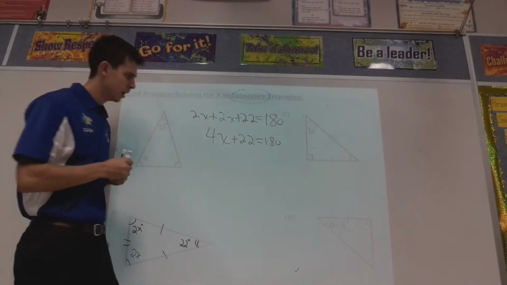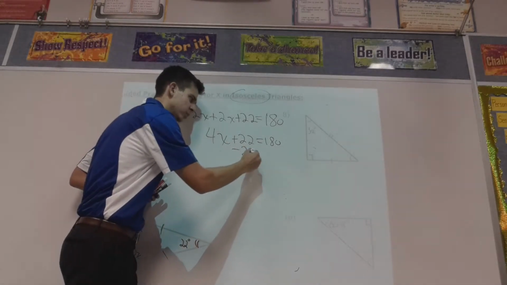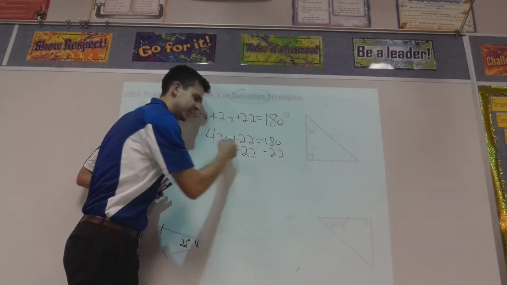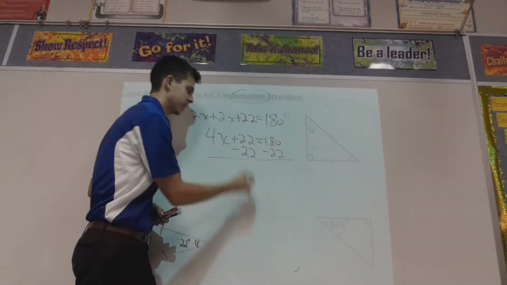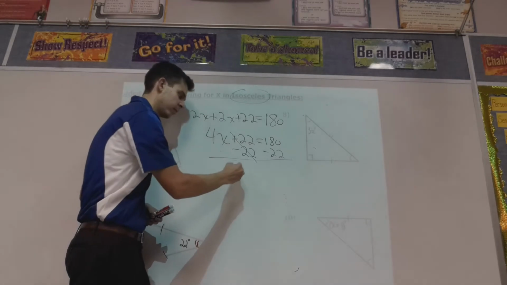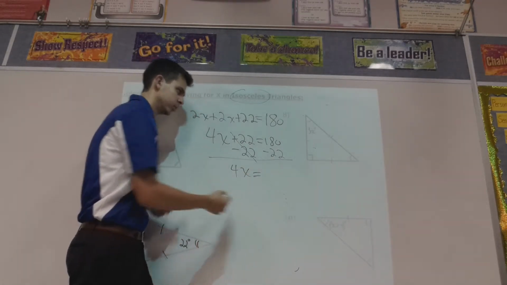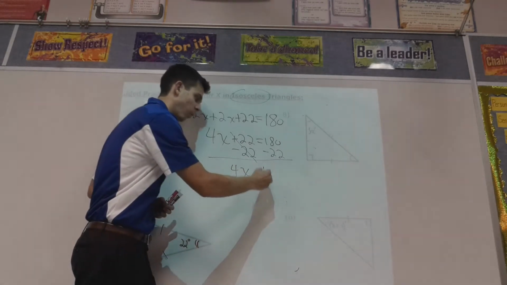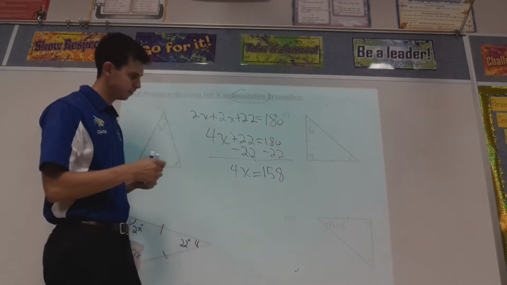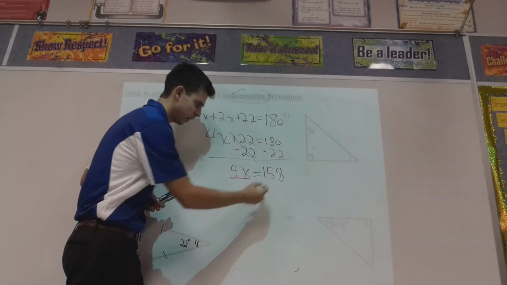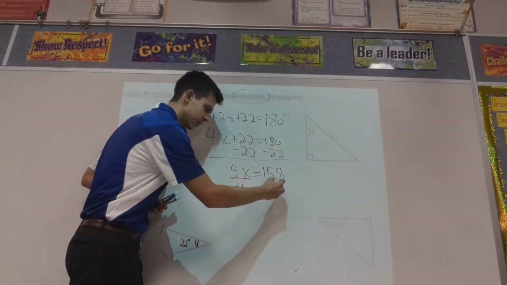Now, I subtract 22 from both sides because I'm going to take care of the addition or subtraction first. This cancels. I'm left with 4x is equal to 158. Divide by 4 to get rid of this.